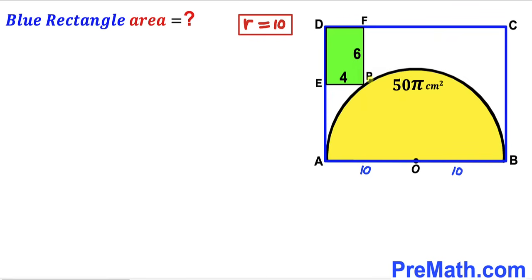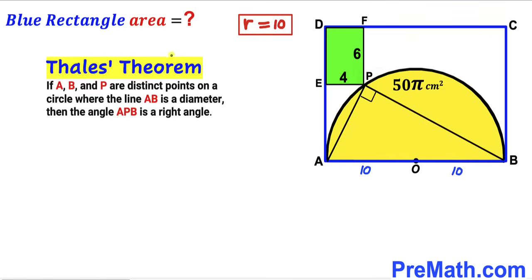In this next step, I am going to connect this point P with these points A and B as well, as you can see. Now let's recall the Thales theorem. According to this theorem, if A, B, and P are three distinct points on the circle, where the line AB is the diameter, then the angle APB is going to be a right angle, in other words, a 90-degree angle.